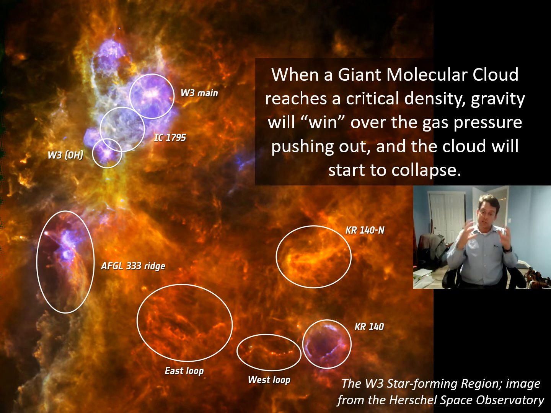So in a giant molecular cloud, you've got the same type of dynamic. You've got gravity tending to make it collapse, and this gas exerts a pressure, just like the atmosphere exerts a pressure. And so there's this balancing act. But if there's enough density, then gravity is going to win, okay? It's going to be victorious over this gas pressure, and the cloud is going to start to collapse.